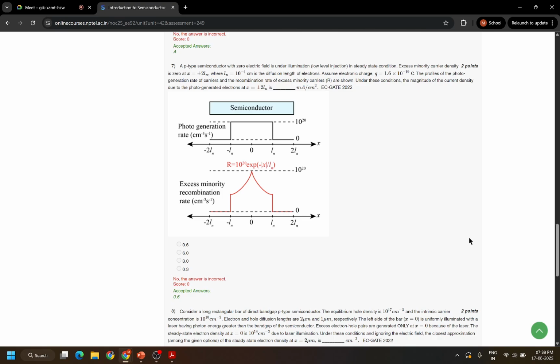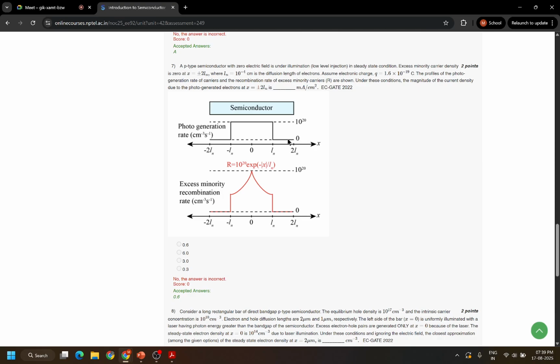A p-type semiconductor with zero electric field is under illumination in steady state condition. Excess minority carrier density is zero at x equals plus minus 2 Ln, where Ln is 10 power minus 4 centimeter, which is the diffusion length of electrons.